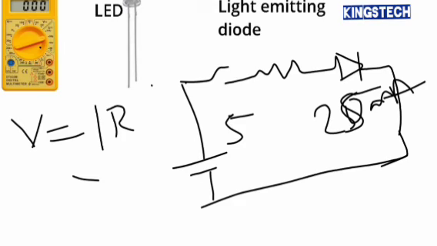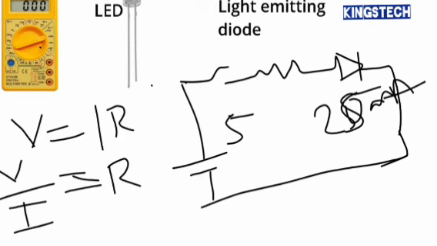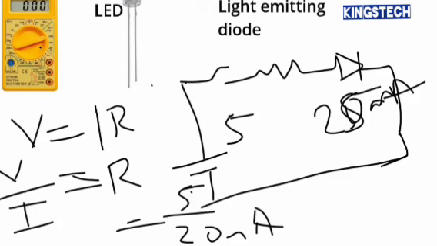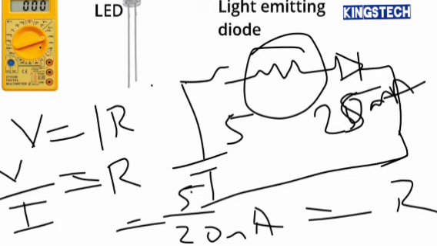Making our resistance the subject of the formula, you find that you have voltage over current, which means we will be having 5 over 20 milliamps, which will give you the resistance value that you will use here, so that this light emitting diode will not burn out.